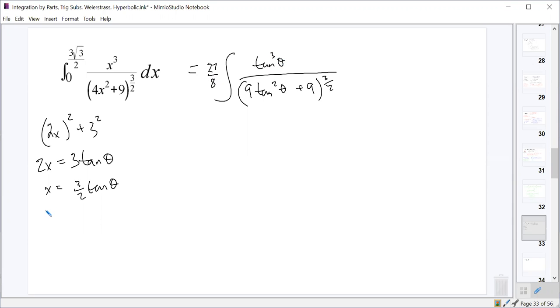And then we need a dx, so our dx is another 3/2 secant squared theta d theta. So this is going to get a secant squared theta and a d theta, and we're also going to need to multiply this by 3/2. Everybody good with that?